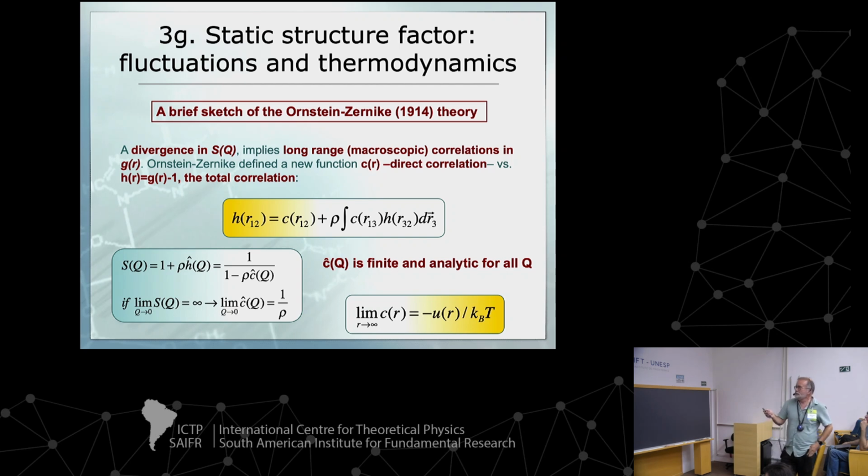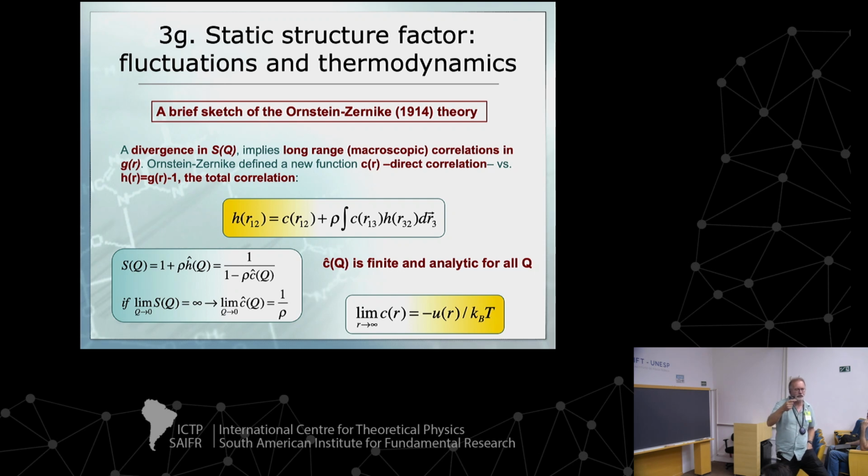Well, let's see a little bit of the Ornstein-Zernike equation. Ornstein and Zernike were working a long, long time ago. So if you look at the original article, it's hard to connect the formula they were using with the ones we are using these days. But they already knew the concept of pair distribution function and so on, as a measure of correlations.